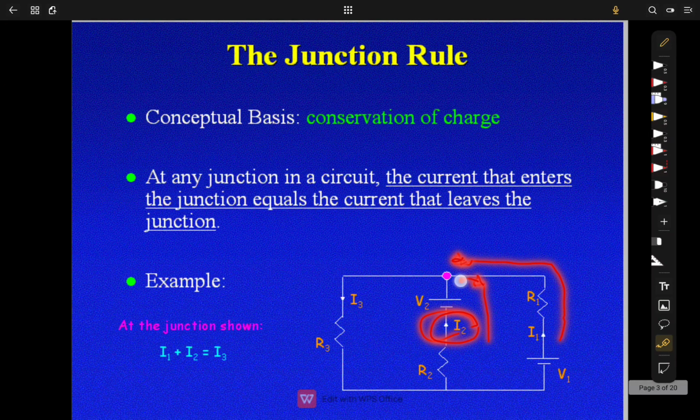They are going to our node. And then this one, the combination of I1 and I2, is our I3, going in this direction. That's why yung I1 plus I2 natin is equal sa I3. So the current that enters the junction equals the current that leaves the junction. Yan lang yan.